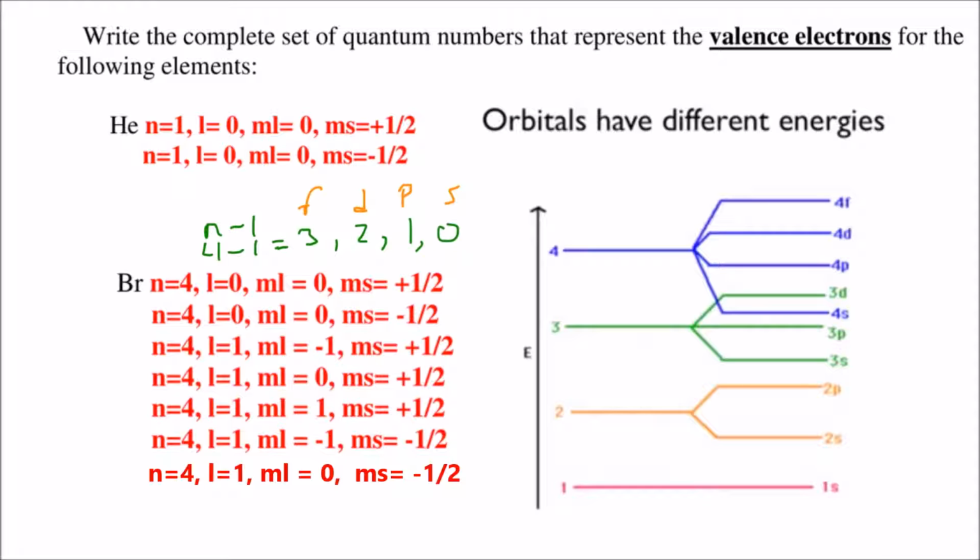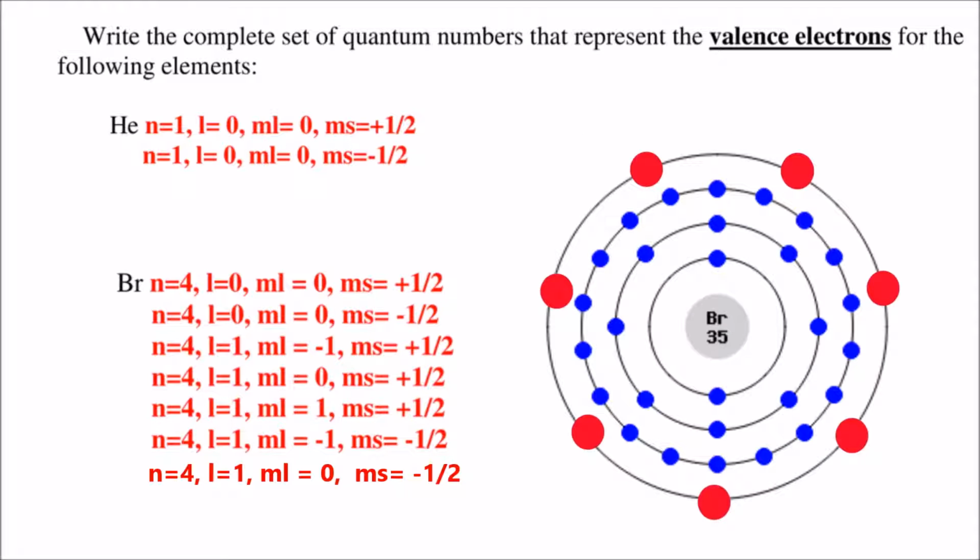You'll notice that my L value that I'm choosing is 0 because that corresponds to the s orbital, which is the lowest energy of the fourth energy level. That's the lowest orbital there, so that's the one I'm starting with. So I've got L equals 0, and that's going to give me that s orbital. So this is our 4s.